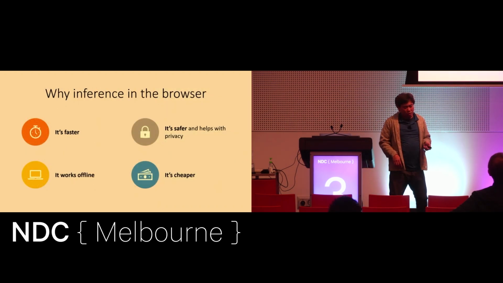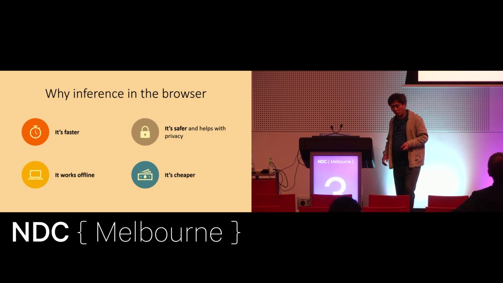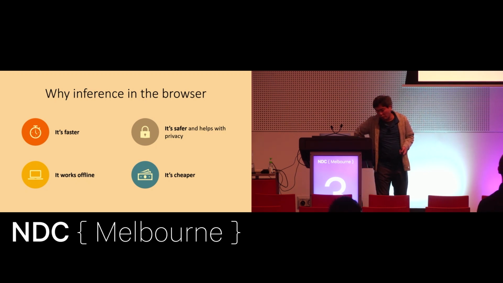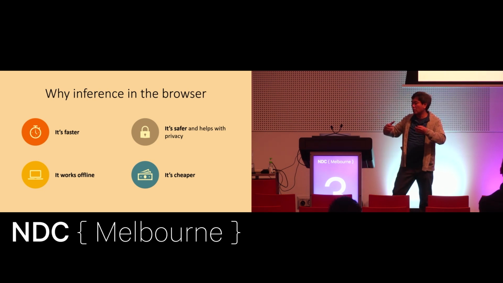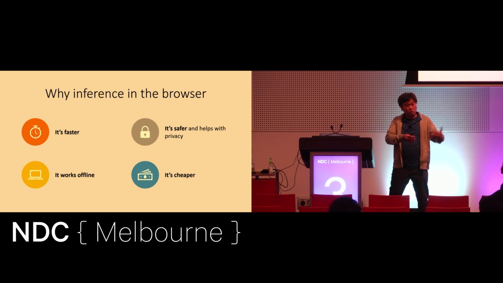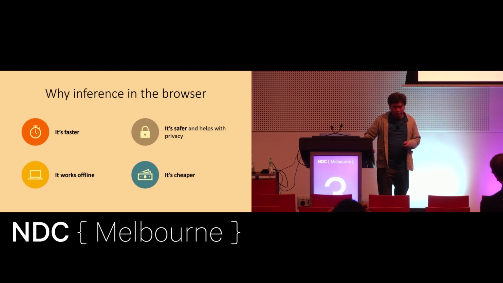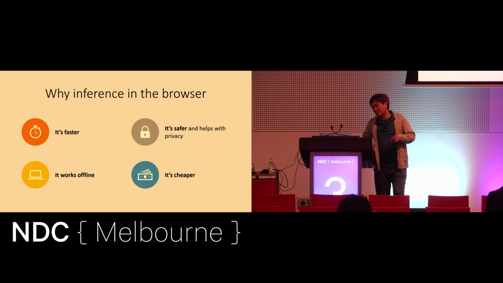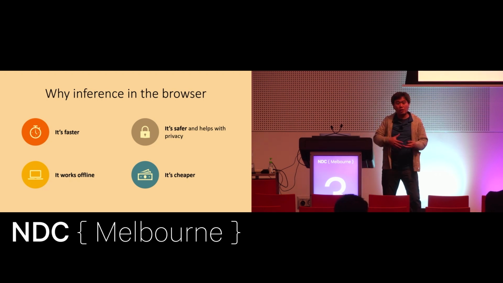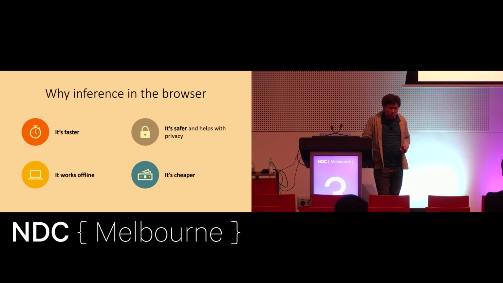So why would you want to do this? Well, it's faster. You were asking about performance. It is faster because it's running in the browser itself, so there's less communication to the server. If it's an image and you're doing image processing in the browser itself, that makes it faster. It's safer because you're not sending data outside of the network or the machine itself.